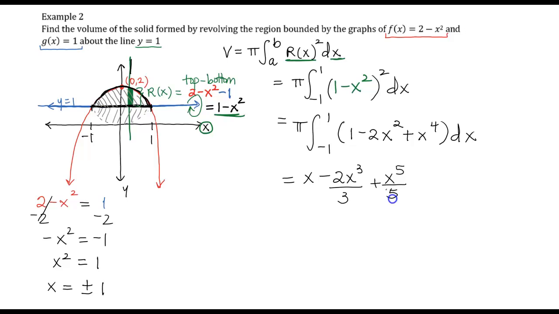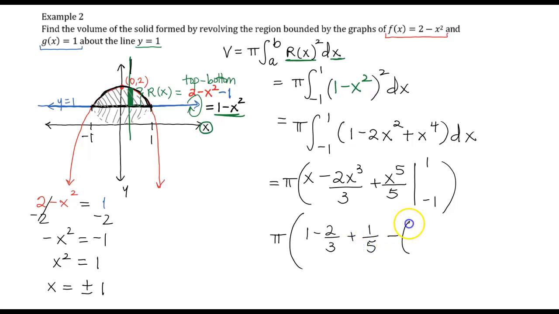So now we have integrated and we're going to evaluate this from negative 1 to 1. And let me not forget that all of this is multiplied by pi in front. So we have pi. First I'm going to plug in my upper limit of 1. And then I'm going to subtract and plug in my lower limit of negative 1.